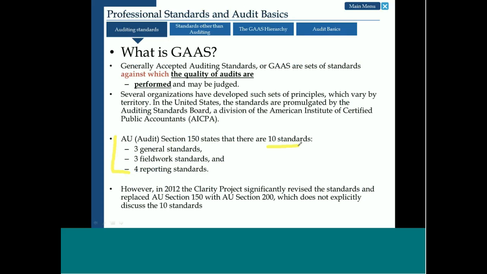Three principles are general standards, which highlight the general understanding of what you do as an auditor. Then there are three fieldwork standards, meaning three principles you follow when you do the actual performance of an audit. And four reporting standards, meaning four principles you need to follow when you prepare your audit report. So let's discuss what these 10 principles mean.